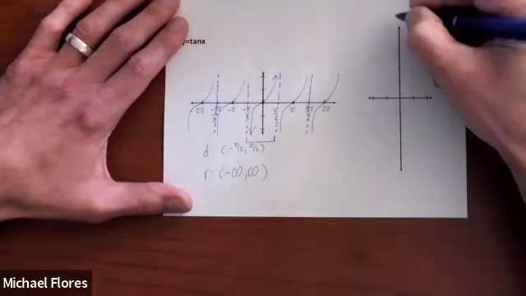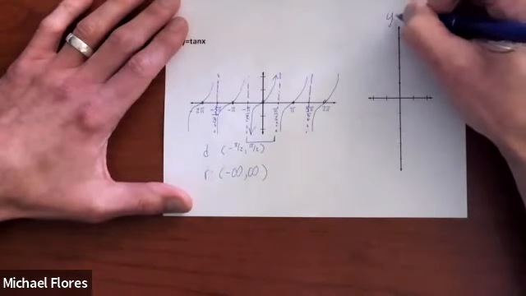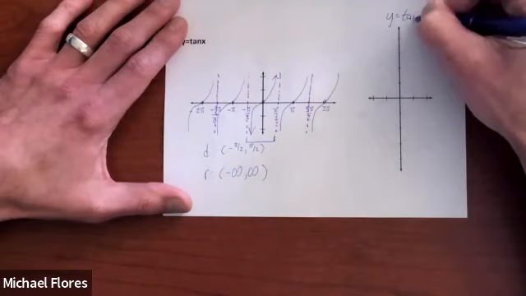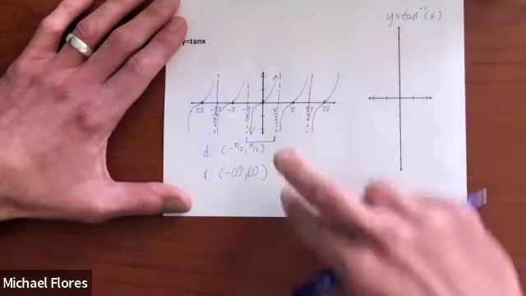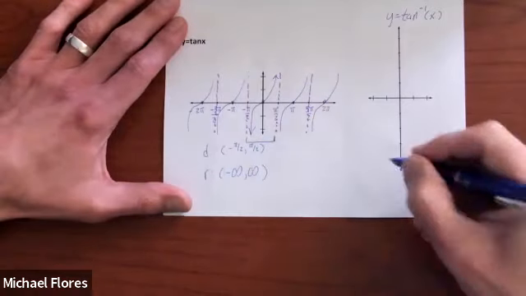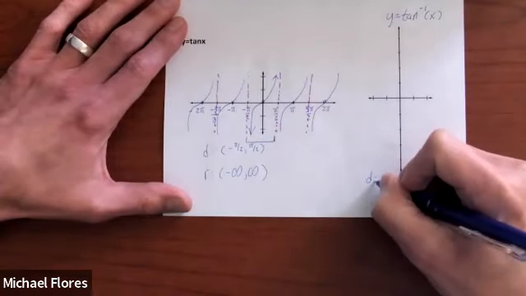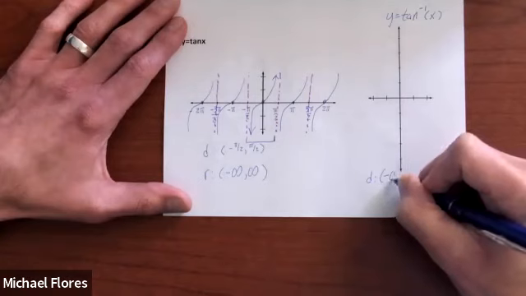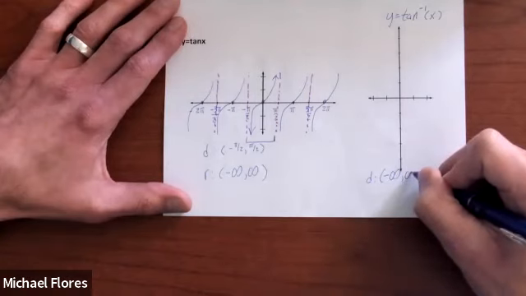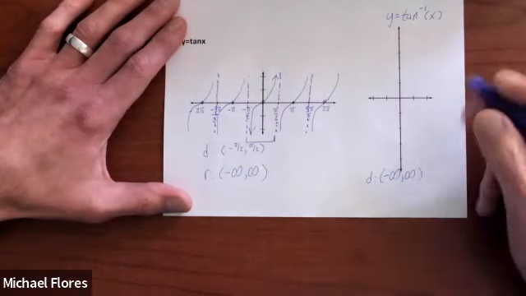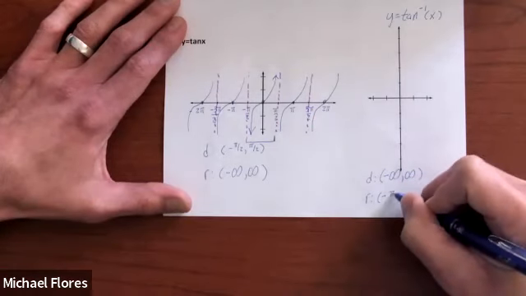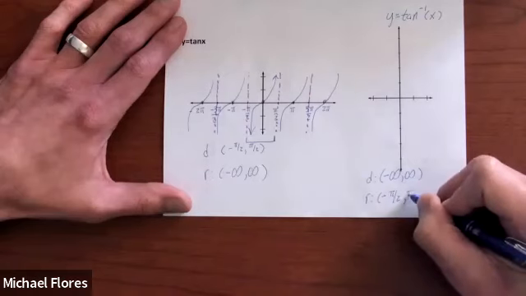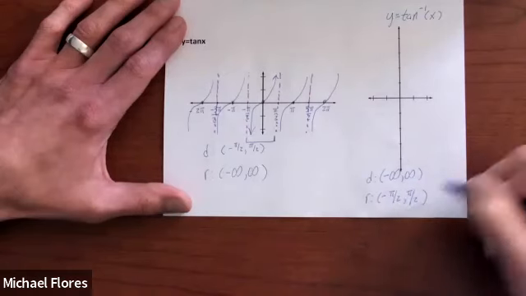So if we're now going to graph the inverse, let's flip these roles here. So our range is going to be negative pi over 2, pi over 2.